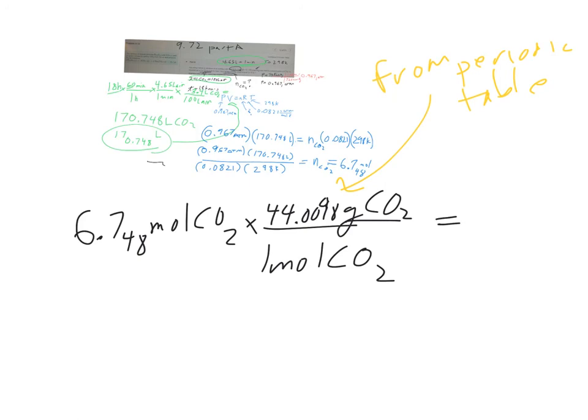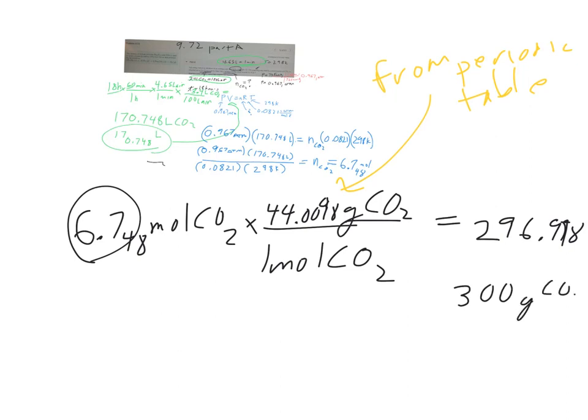So just multiply that. Your calculator is going to give you 296.978. Now, we established that there's really only 2 sig figs all the way back here. So if we're really wanting to be technical, it should be 300 grams of carbon dioxide, as in 3.0 times 10 to the second grams of carbon dioxide.